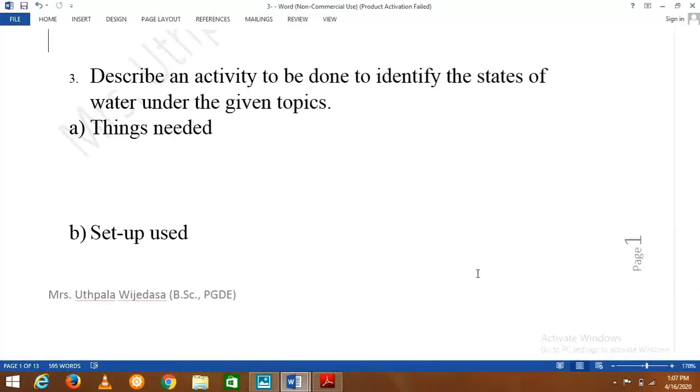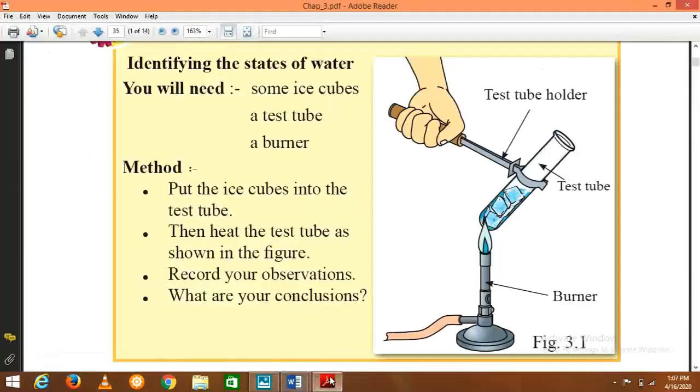We are going to learn about these 3 states by this simple activity which is available in your textbook. The things needed are some ice cubes and a test tube or a boiling tube is better, and a burner. A Bunsen burner is used here, and you need a test tube holder.